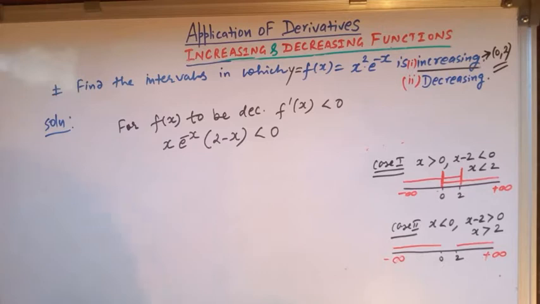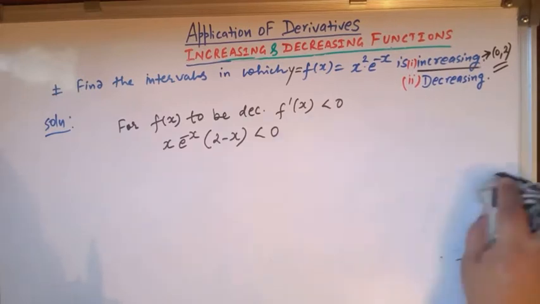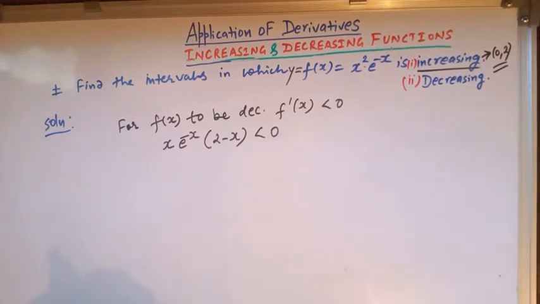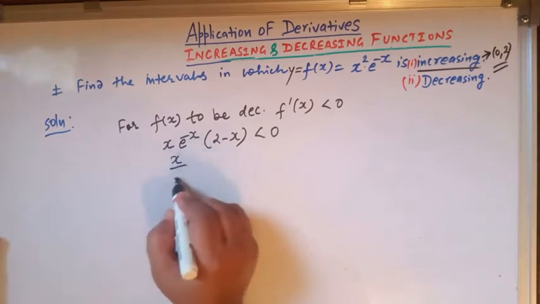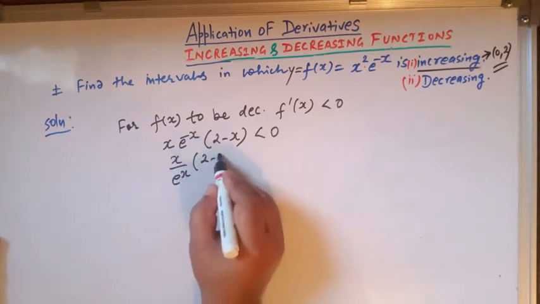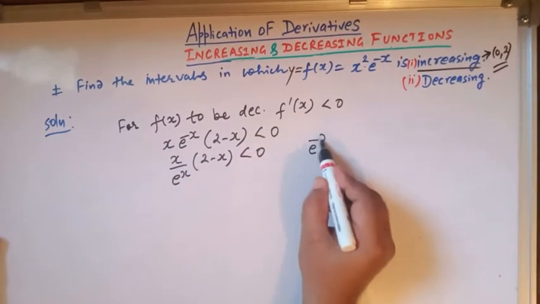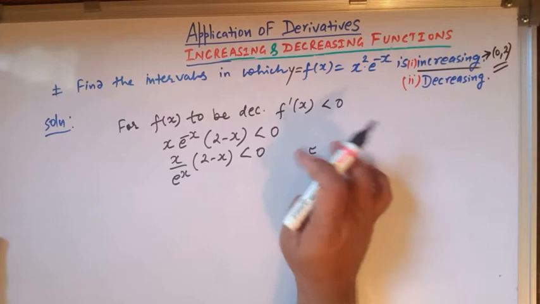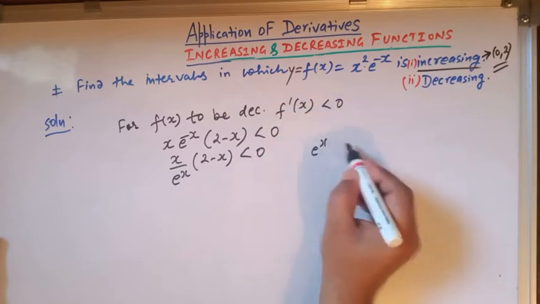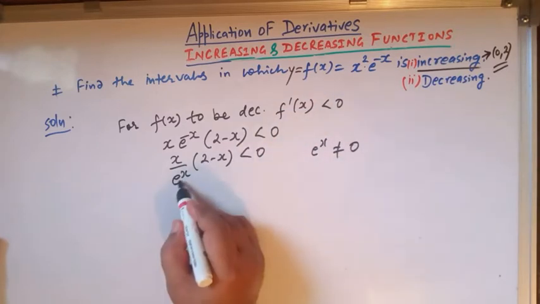Now again we'll have the same explanation here, and e raised to x is not equal to 0, so we omit this.